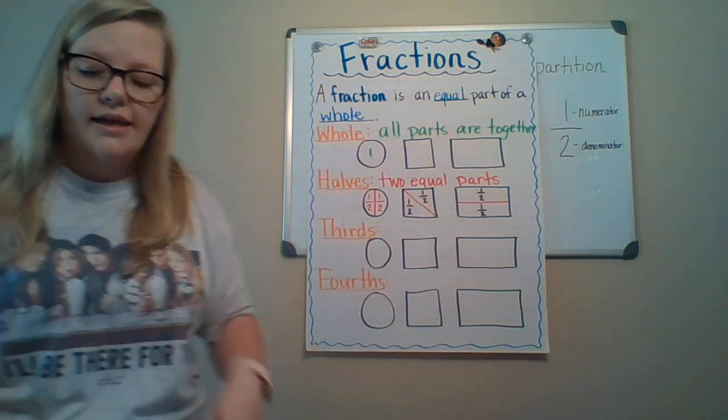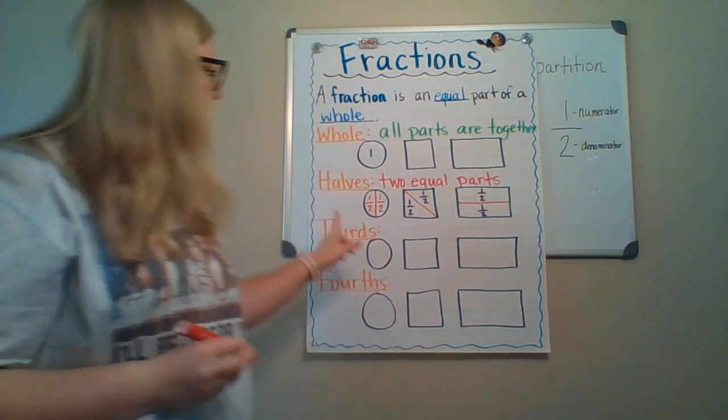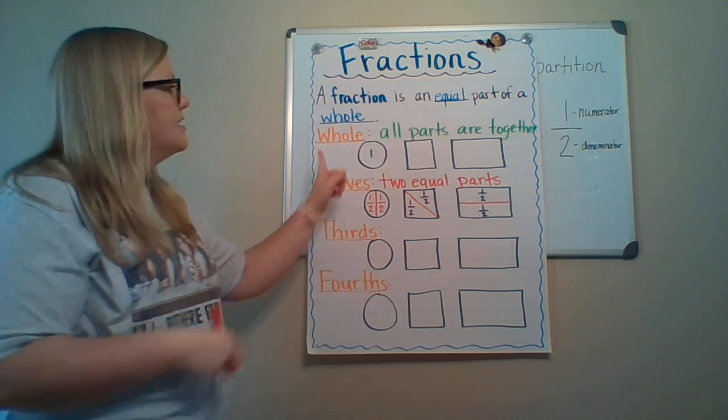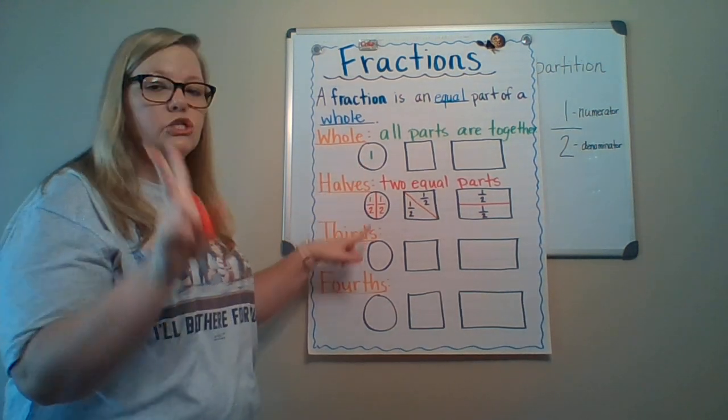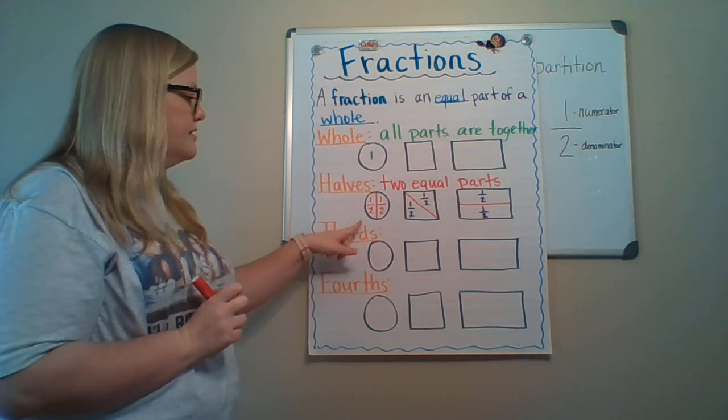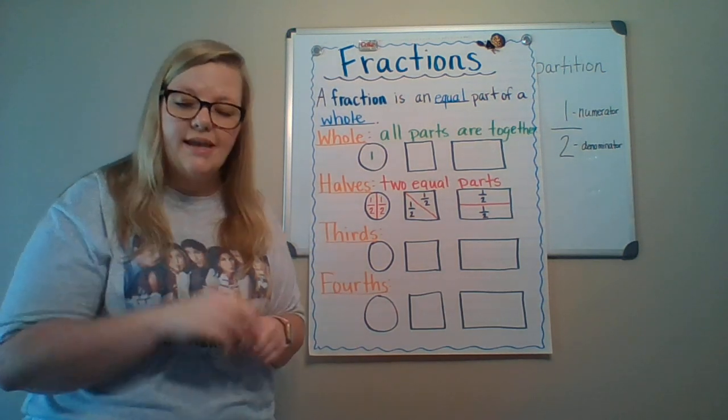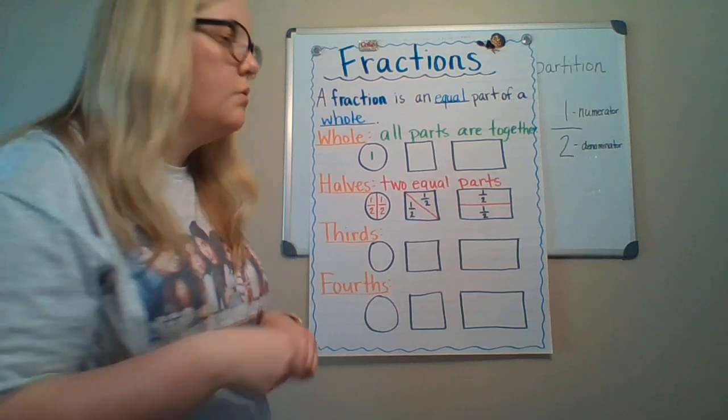So if we move on to thirds, I bet you can guess if this was 1, if this was 2 equal parts, then this is going to be 3. It's going to be 3 equal parts.